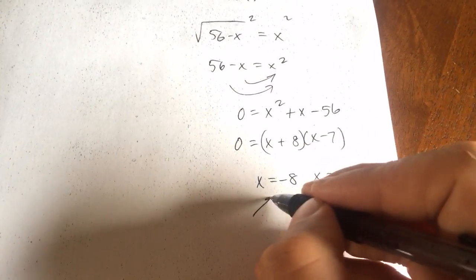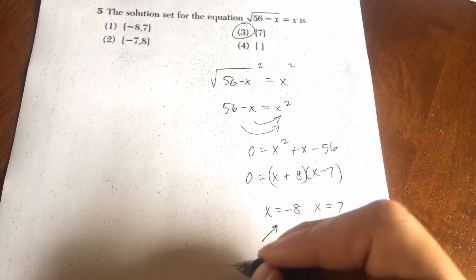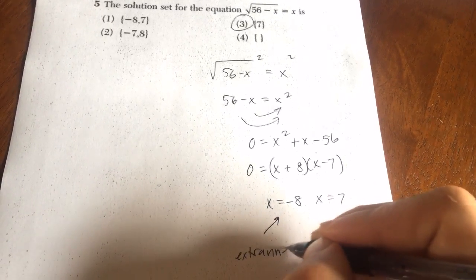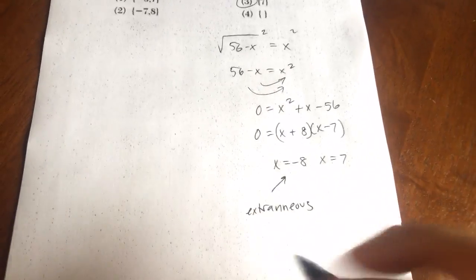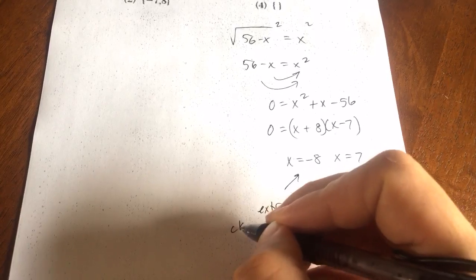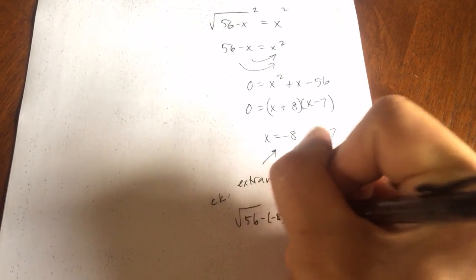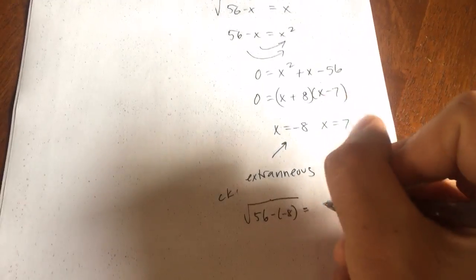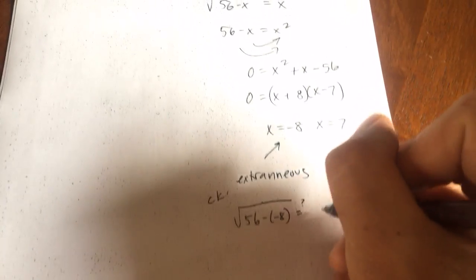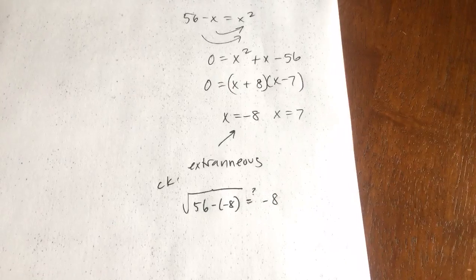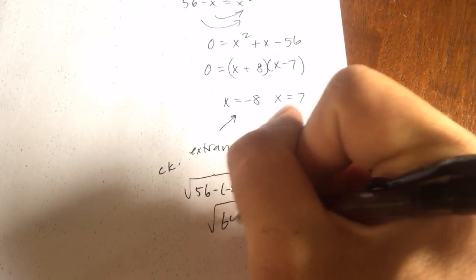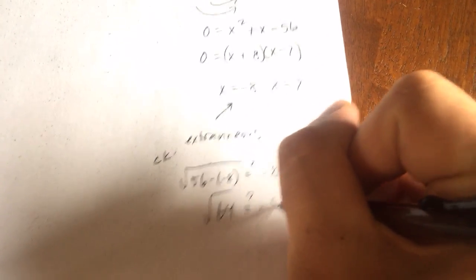I have a funny feeling about this being an extraneous solution. So what I am going to do is check. So 56 minus a negative 8, is that equal to negative 8? Okay, you get the square root of 64, is that equal to negative 8?